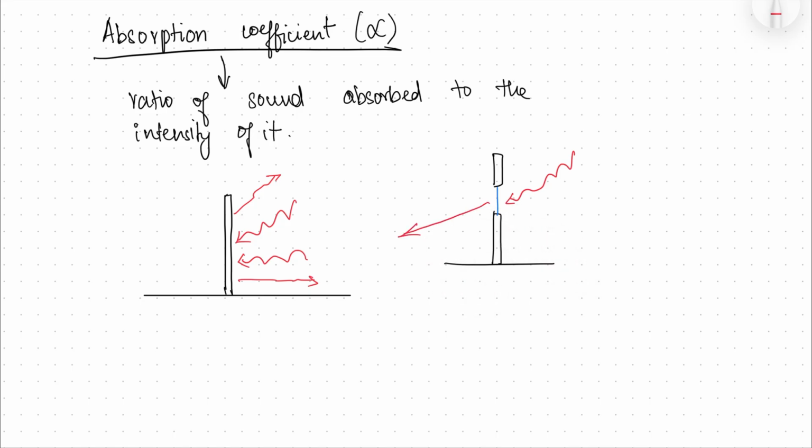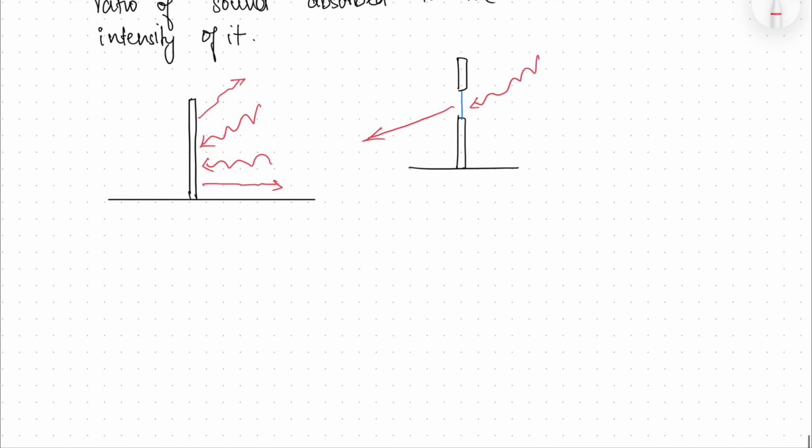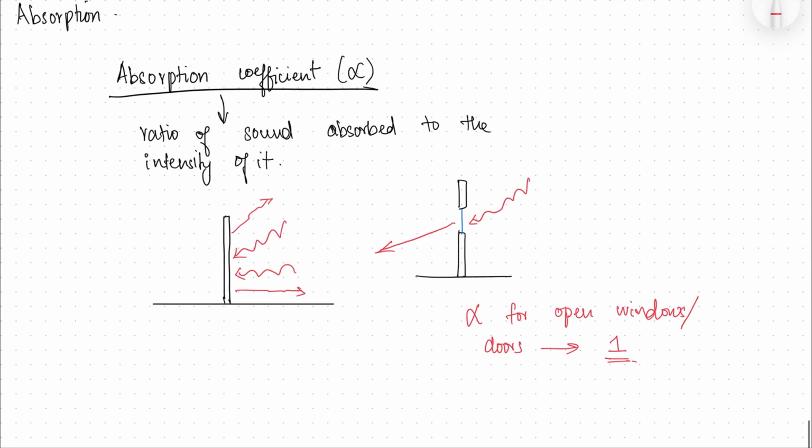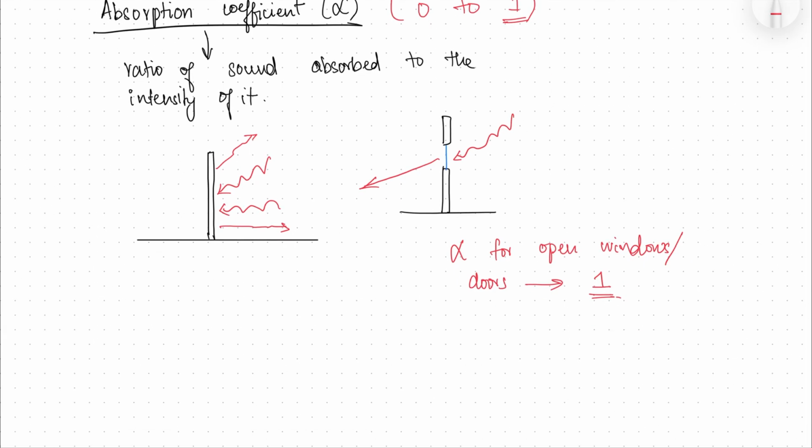So it means the absorption coefficient for open windows or doors is 1. And the value for absorption coefficient basically ranges from 0 to 1, and 1 is for open windows and doors basically.